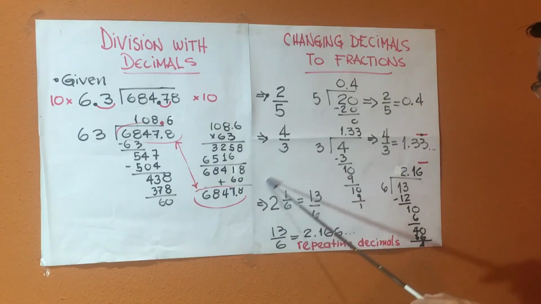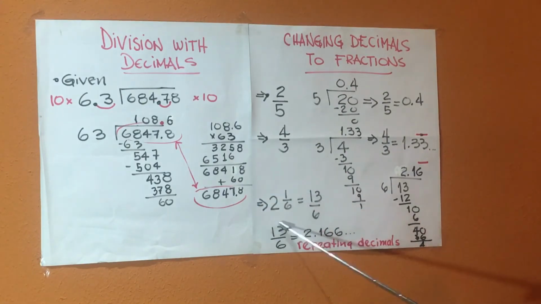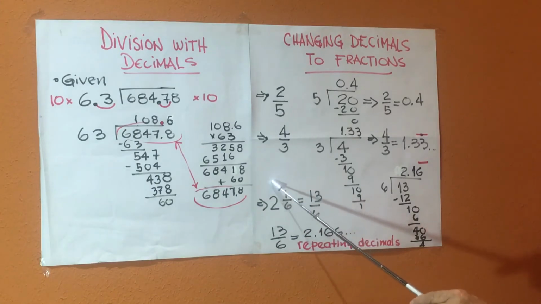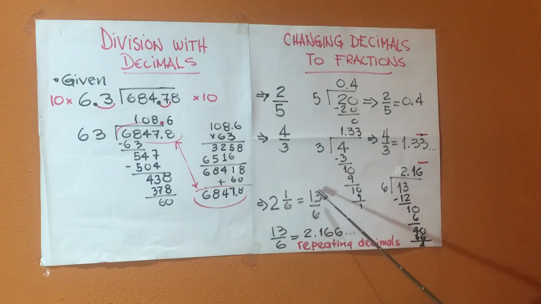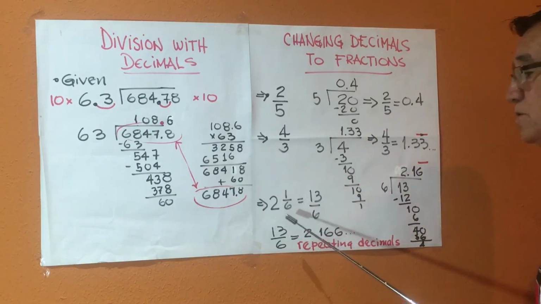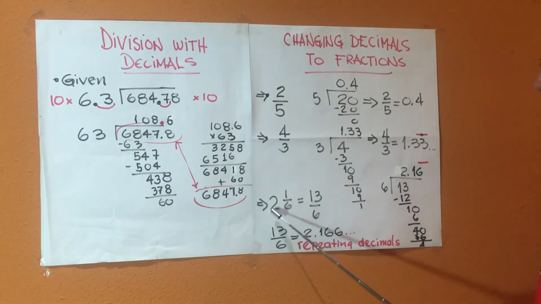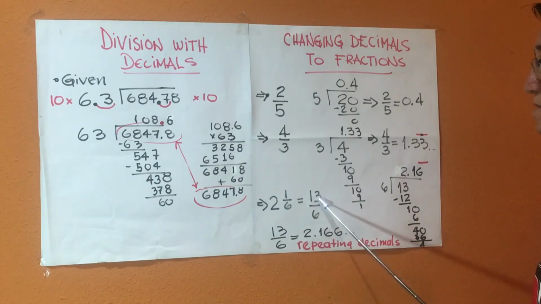Another case is that we have to define the decimal equivalence of this mixed number. The first thing we have to do is change this mixed number into an improper fraction. And you know how to do it. 2 times 6 is 12, plus 1 is 13.